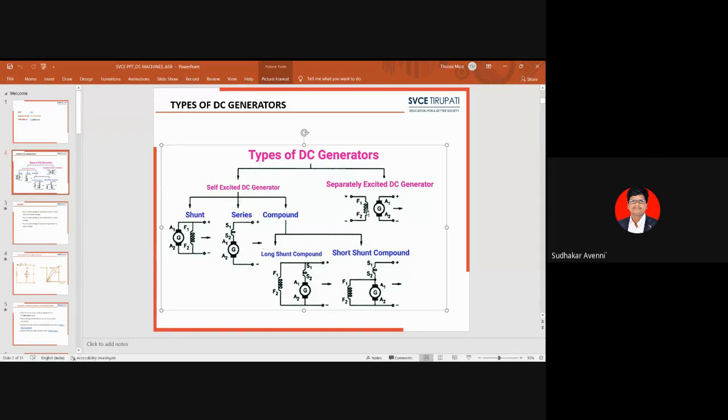Generally there is a stator and a rotor. The rotor is represented by the armature and the stator by the field winding. The armature winding, that is the rotor, is represented by A1 and A2, and the stator field winding is represented by F1 and F2.